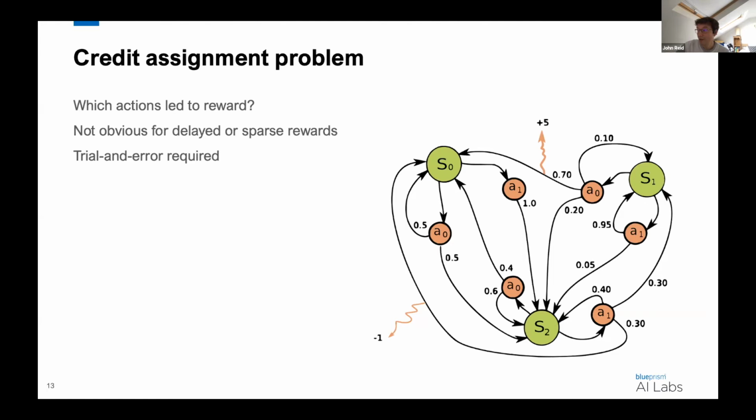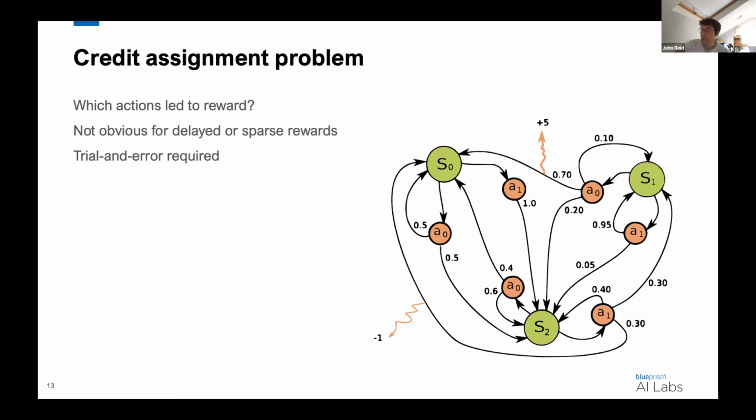So what we'd like to do is to assign positive credit to any actions that result in this +5 reward, and negative credit to actions that result in this negative reward. But if you look at state S2 and action A1, quite often it's going to lead to this negative reward. So maybe that's easy to identify. If we look at the +5 reward at the top of the cartoon, it's a little bit more difficult.